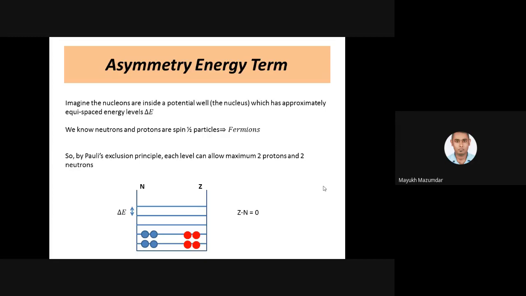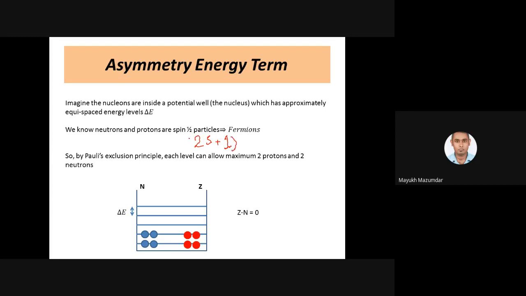Actually, the maximum number of particles that can be allotted in a level, if the spin of the particle is s, the general formula is this one. You should keep this in mind for your JAM exam. If s is the spin, then you can fit at most 2s plus 1 particles in that state.